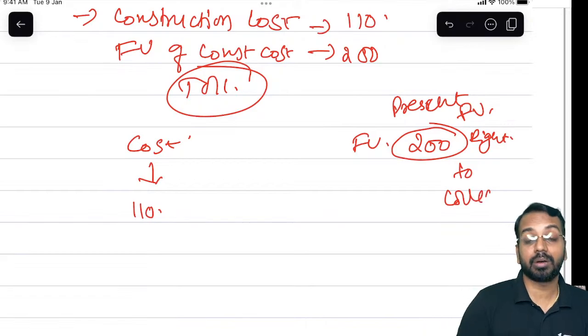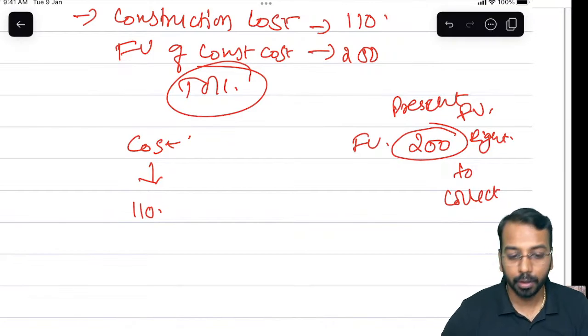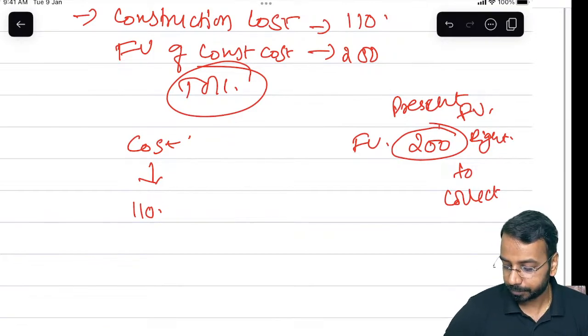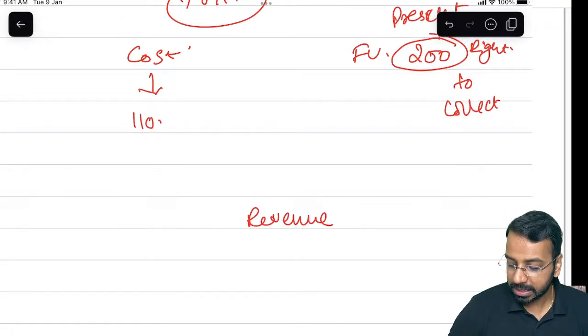So I have incurred a cost of 110. Today, if I see what value I will get out of that 110, that is 200. So my revenue will be 200. Now, can I say a financial asset?